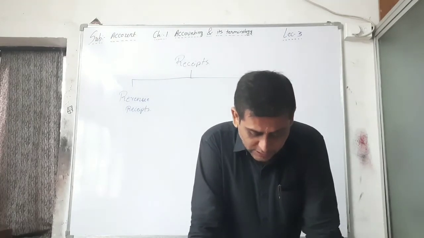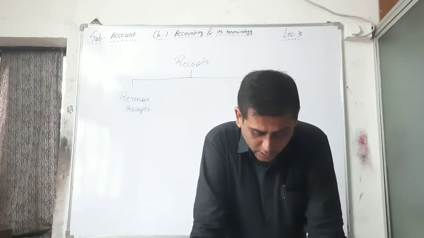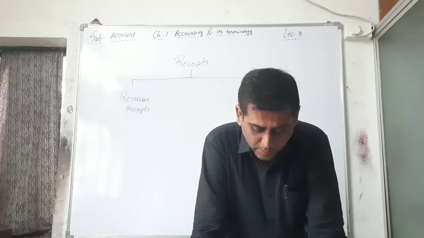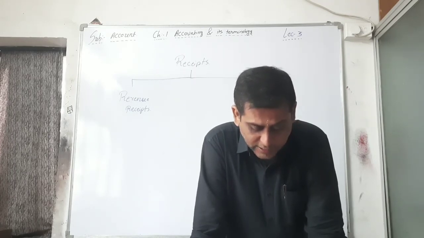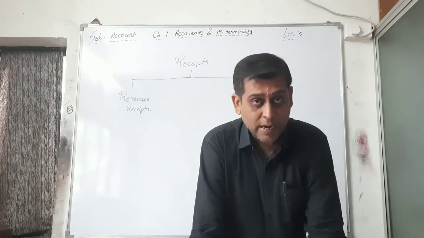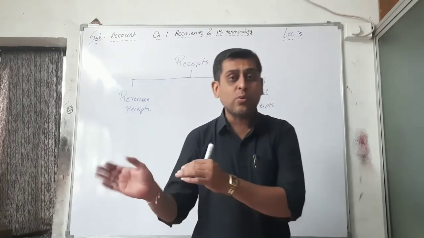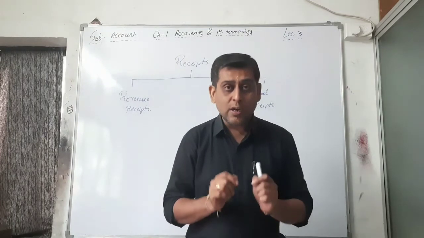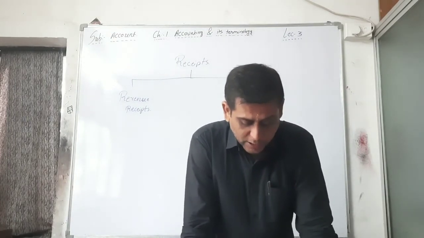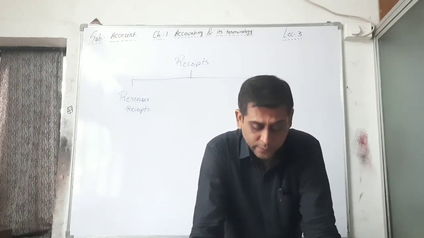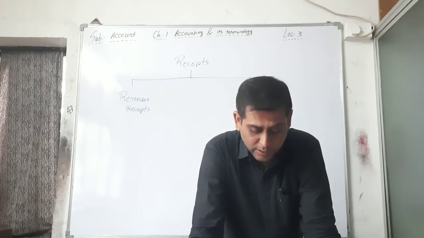Okay, in this category of receipts, income from sale, income from commission, income from discount, income from rent, etc. are included. That means you can say day-to-day activities, day-to-day payments and day-to-day receipts are included here, right? These kinds of receipts are frequent. Revenue receipt is also known as revenue income.